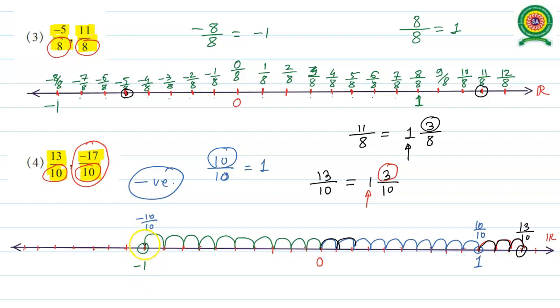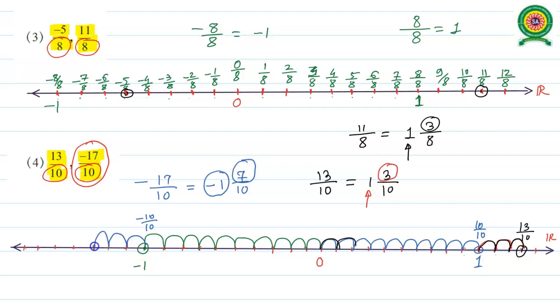After that we have to move 7 places, because if we convert minus 17 divided by 10 into a mixed fraction, we get minus 1 7 divided by 10. So after minus 1, how many places do we move? 7 places: 1, 2, 3, 4, 5, 6 and 7. So here, at the end of our number line, we have minus 17 divided by 10.